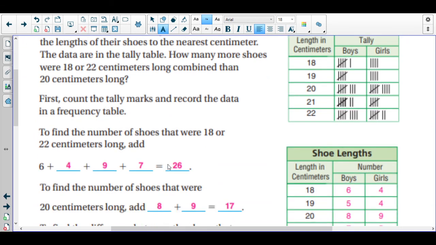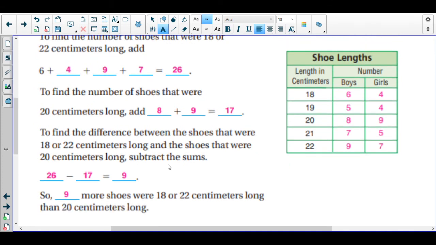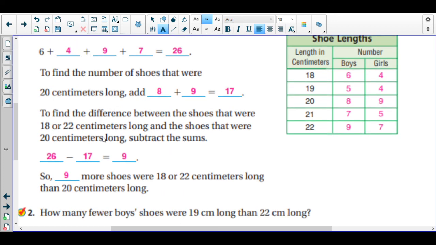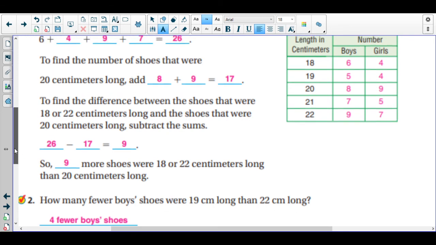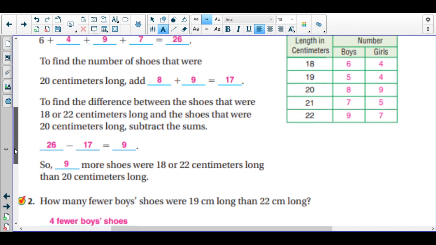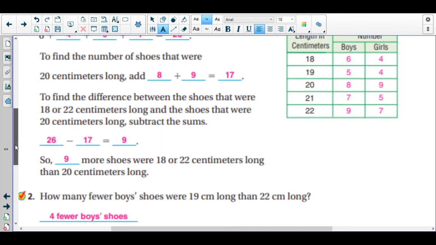So there was that tally chart. We're going to combine that information here. And then for question number 2, it was 4 fewer. So there you have it.